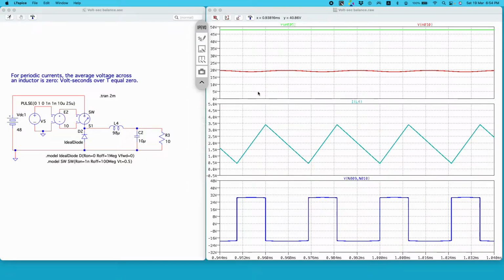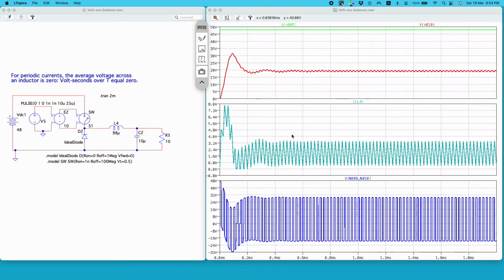So two important things we learned from this example are that it's very important when you are designing a DC to DC converter that you always follow the volt-second balance principle, and for that purpose your transient interval should be as small as possible.